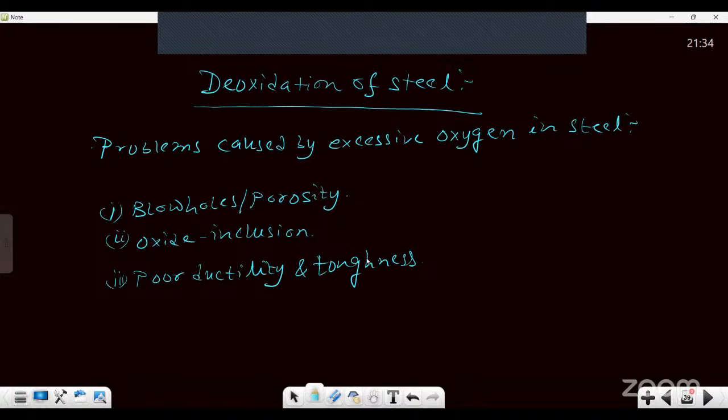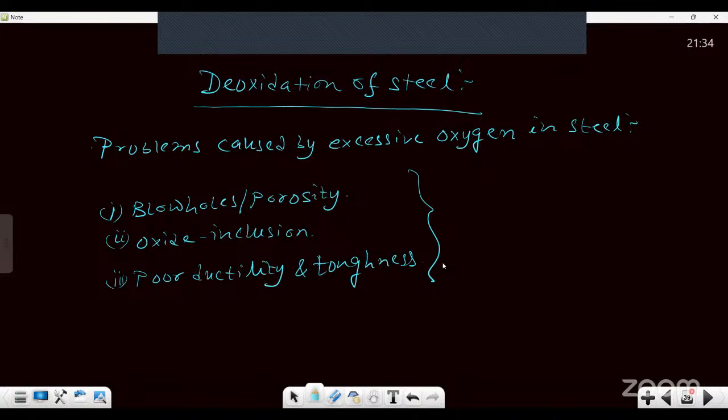So the idea is that we need to deoxidize the steel. Now you can ask one question: why is the oxygen coming into the steel? Steel making is basically an oxidizing process.